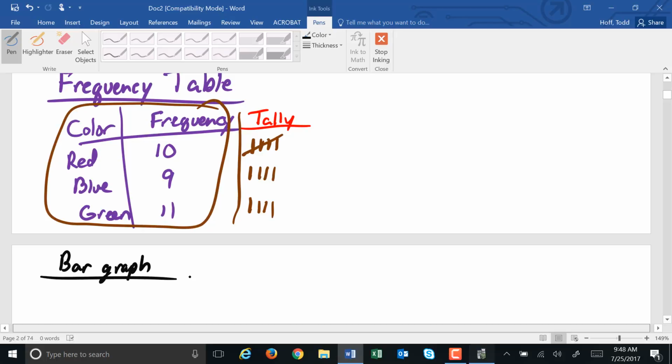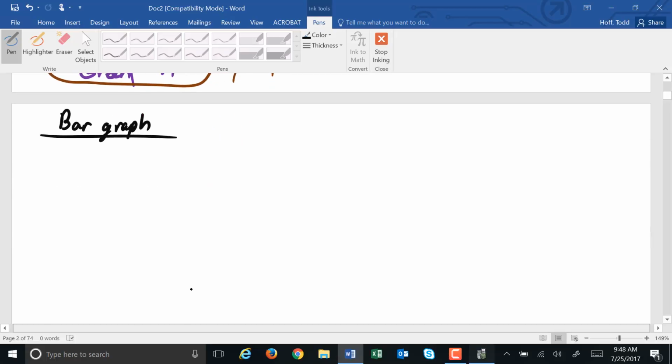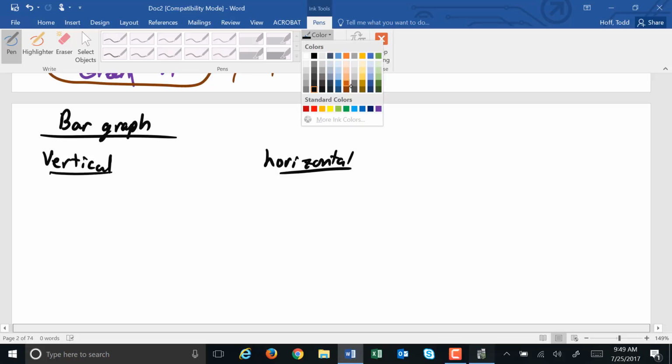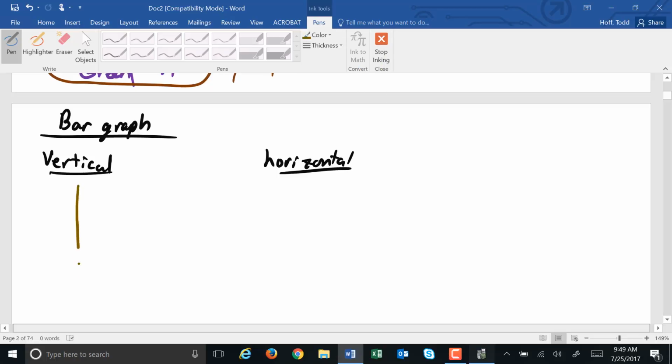A bar graph can be either vertical or horizontal. In statistics, vertical is more common. So in a vertical bar graph, the categories go along the bottom.